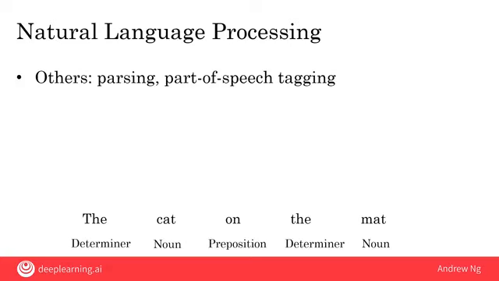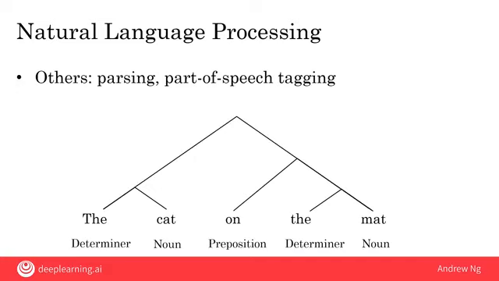Now, what is a parser? Given these 5 words, a parser helps group the words together into phrases. For example, the cat is a phrase and the mat is a phrase, and so a parser will draw these lines on top of the words to say those words kind of go together. On the mat is another phrase, and finally, the two phrases, the cat, as well as on the mat, these two phrases are then combined to form the overall sentence.